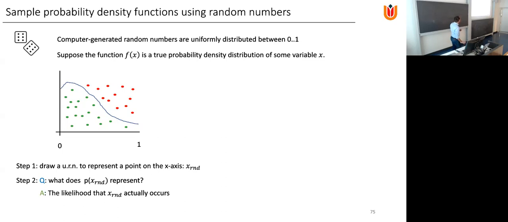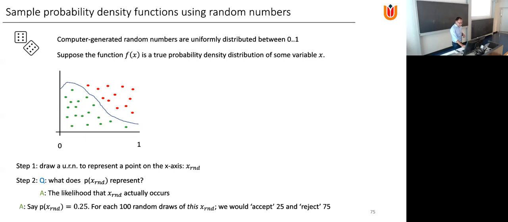So if I would calculate f of this x random, that would be the likelihood that this x random actually occurs, because that is the probability. Say I would have drawn a random number, and I would calculate the likelihood of that number, and that would be 0.25.